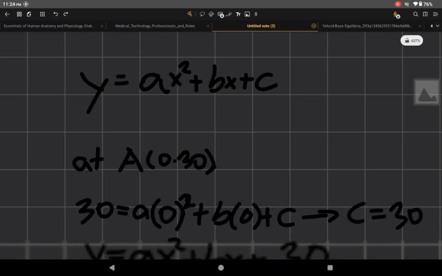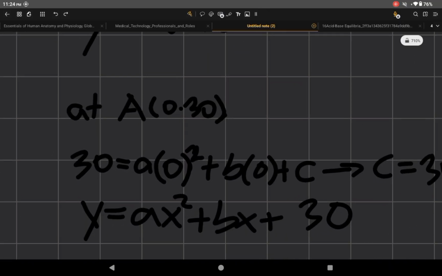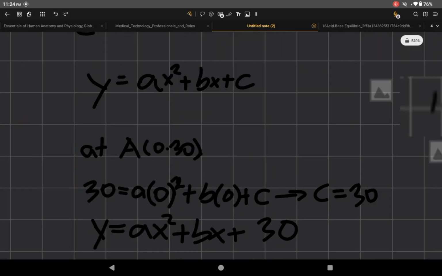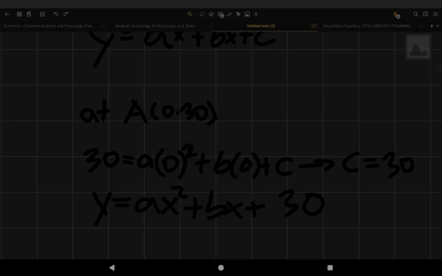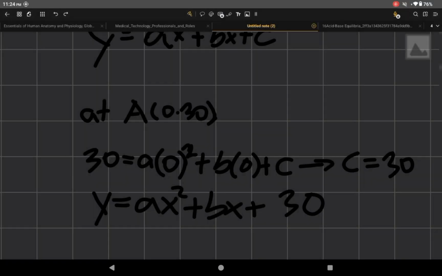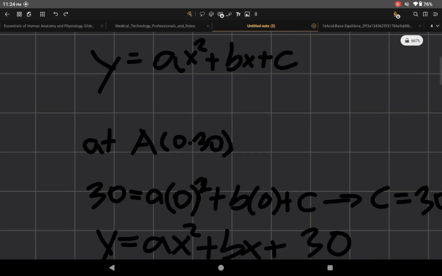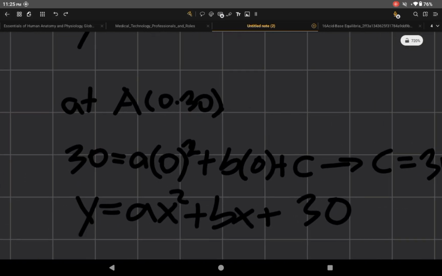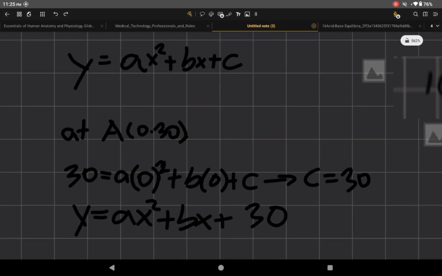First, at point A, 0 and 30. Okay, so at point A, the formula is y equals ax squared plus bx plus c.